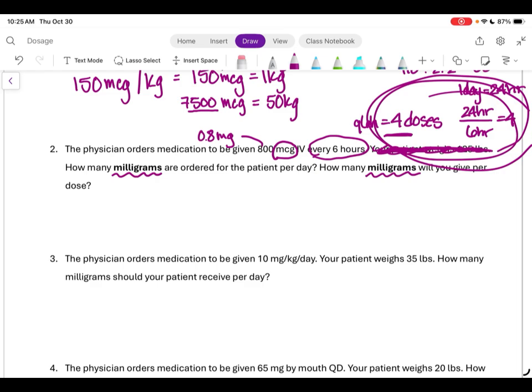Okay. All right. So how many milligrams are we doing for the patient per day? We already figured out that it's 0.8 milligrams every 6 hours, which is 4 doses.